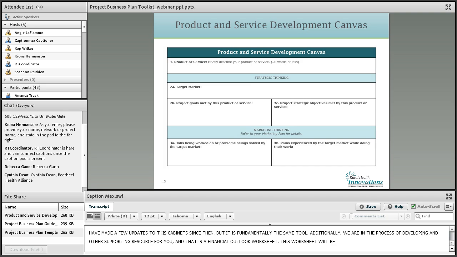You can see on the screen there's a screenshot of the first page of the canvas. It may look familiar to you because we did present this tool last winter at our March Network Development Grantee meeting. We've made a few updates to this canvas since then, but it's fundamentally the same tool.